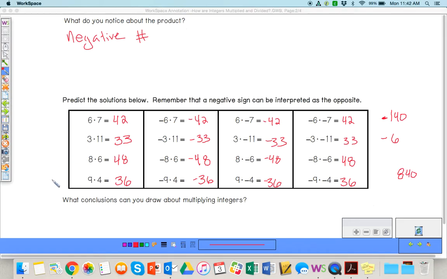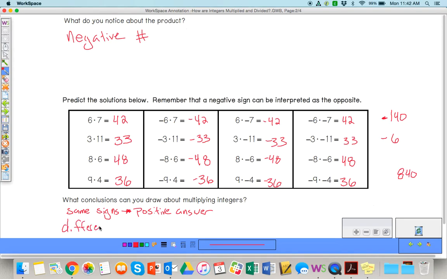We're going to say same signs, it's a positive answer. Different signs, it's a negative answer.